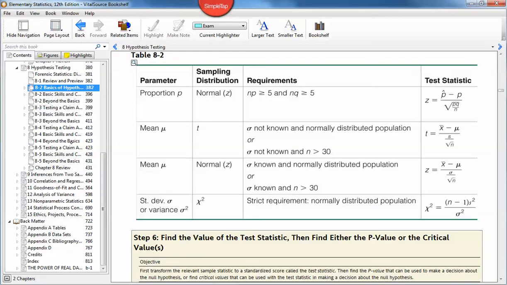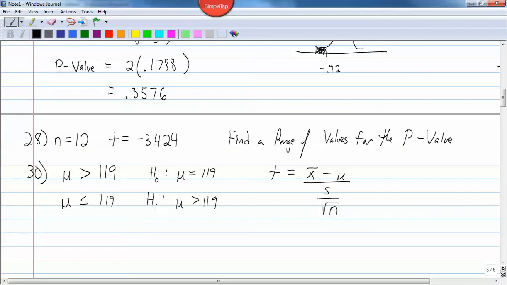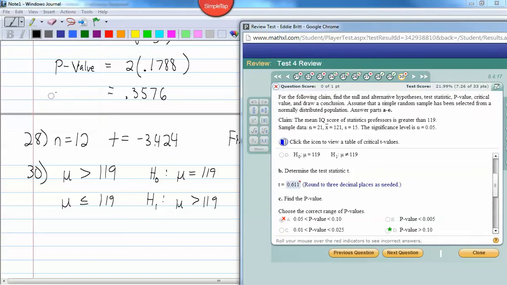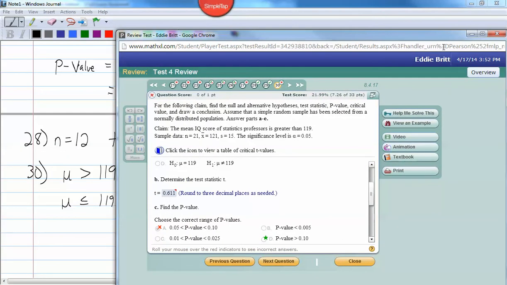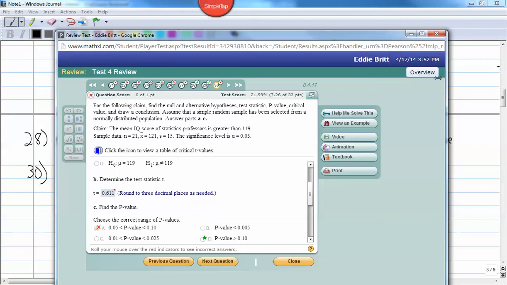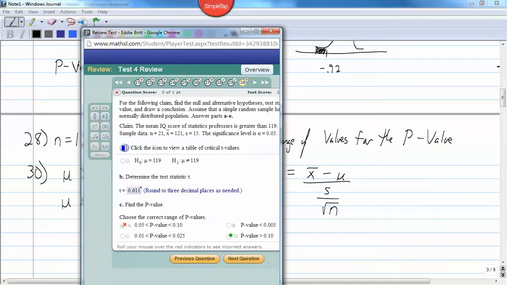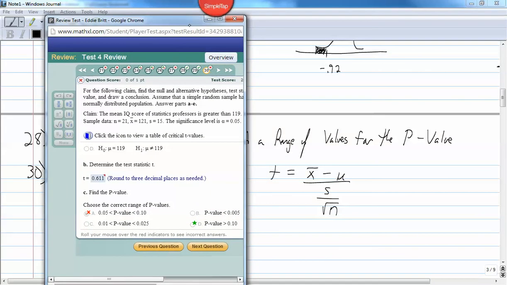Let me double check the formula. It's always good to double check. So x bar minus mu over, yep, looks right. So we need the information from the problem now, and we can plug those into our formula. Okay, there's our formula there. I know when I click on this it's going to minimize this, but that's okay. We have n is 21, x bar is 121.